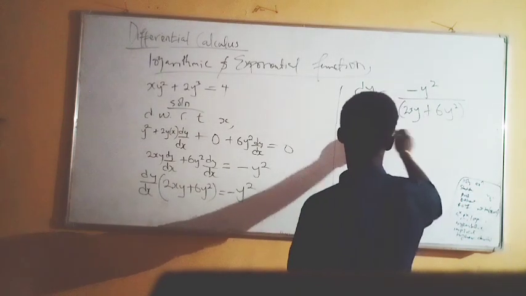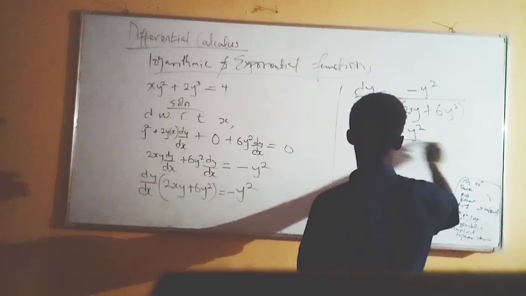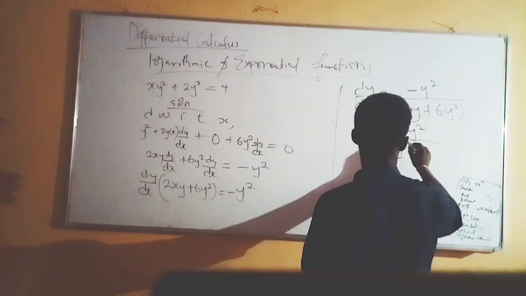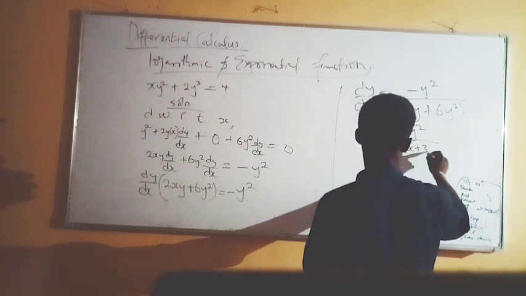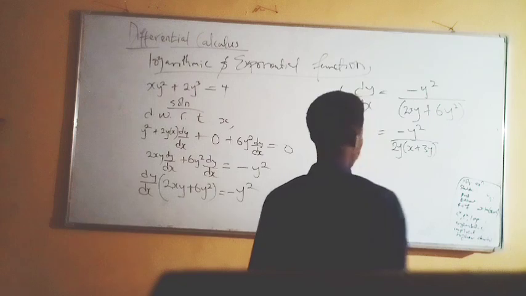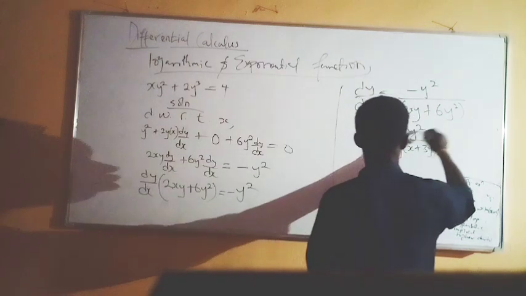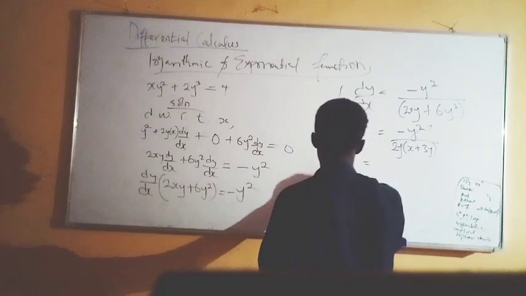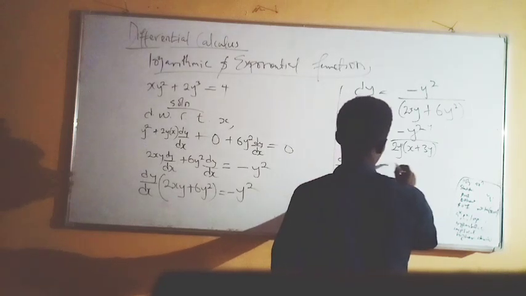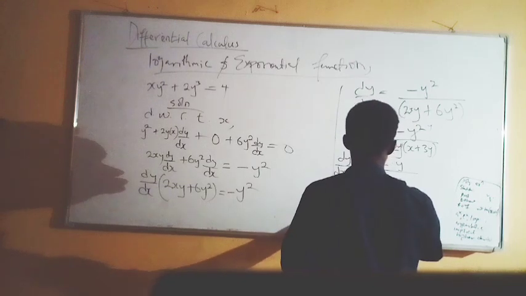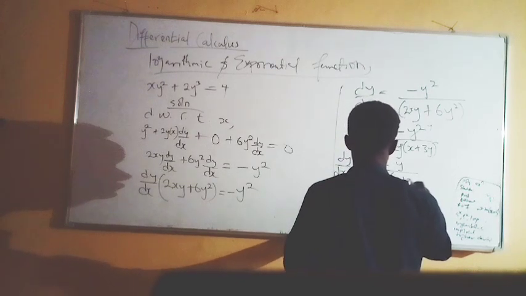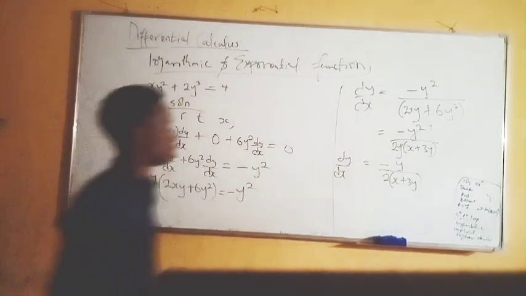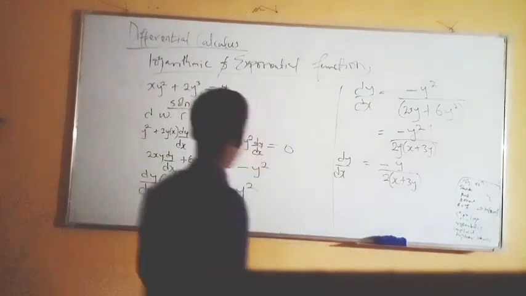So this gives us minus y squared over 2y into x plus 3y if you factorize. Of course, y squared over y gives you y. So dy/dx is equal to minus y over 2 into x plus 3y. So for an implicit function like this, this is how we get the derivative.